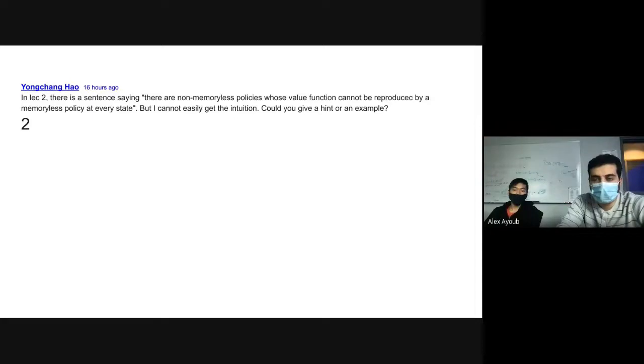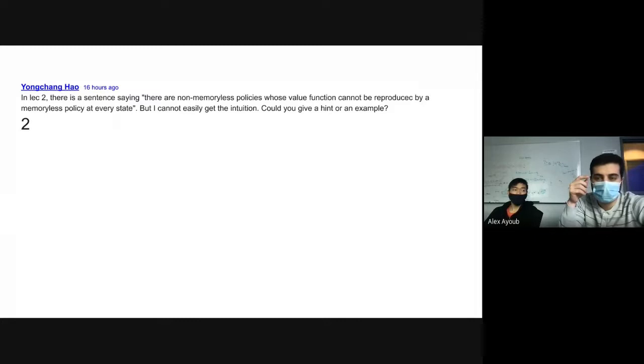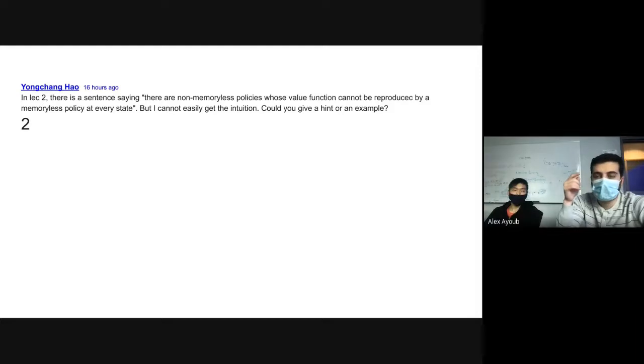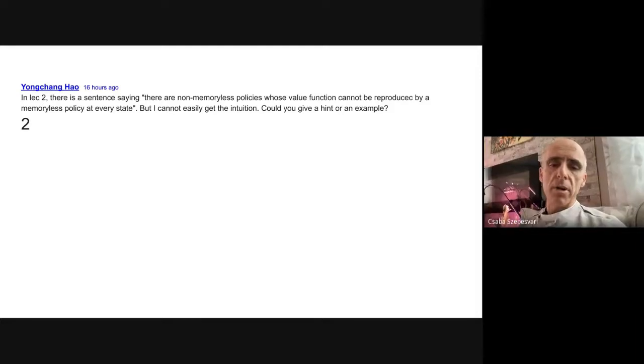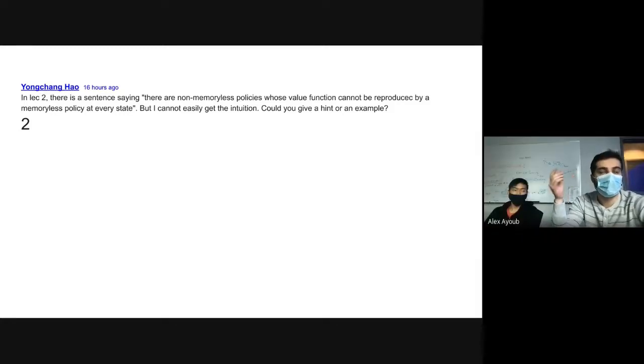Okay, so is this for MDPs? Yeah. I was saying there's always the example of a policy that has to take the same action until the goal state, which cannot be reproduced by a memoryless policy. It has to take the same action until the goal state in the sense that it remembers the first action it took. It only gets a reward if it only goes left from the goal state, and if it ever veers off, it gets a smaller reward, and it can't remember why.